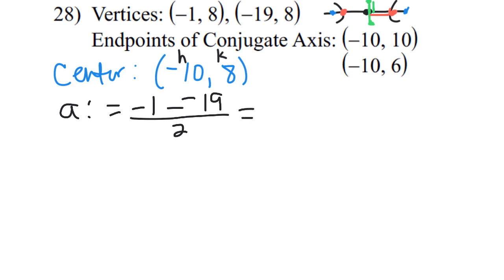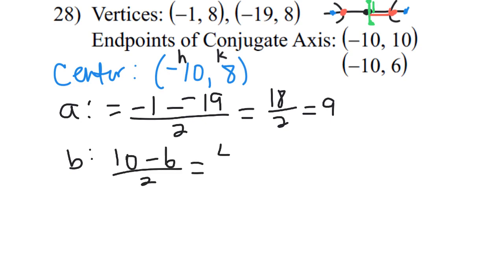So -1 plus 19 is 18, divided by 2 is 9. So I know my a value is 9. My b value, I'm going to do the same way, except I'm going to use my endpoints of my conjugate axis. So I take the 10, I subtract the 6, and divide by 2. So 10 minus 6 is 4, divided by 2 is 2. So I know my b value is 2.